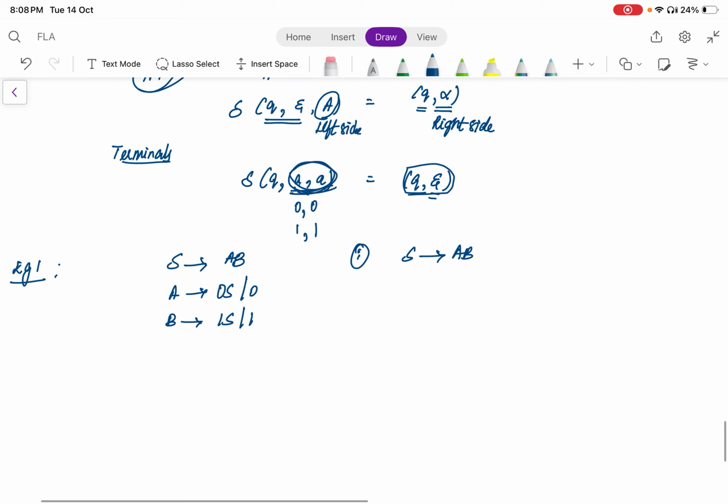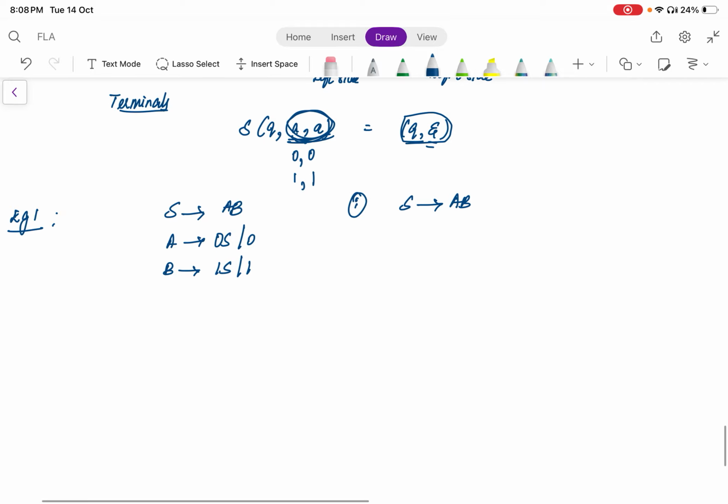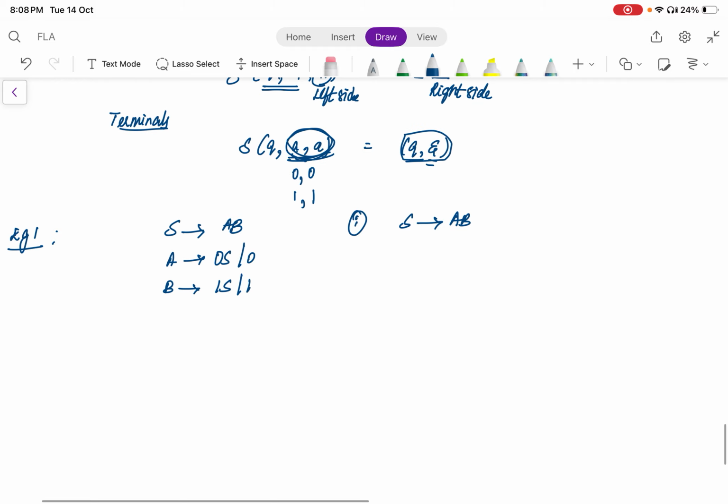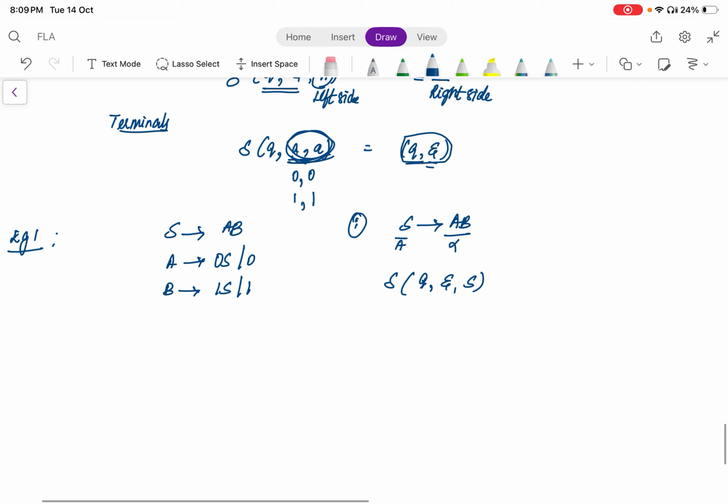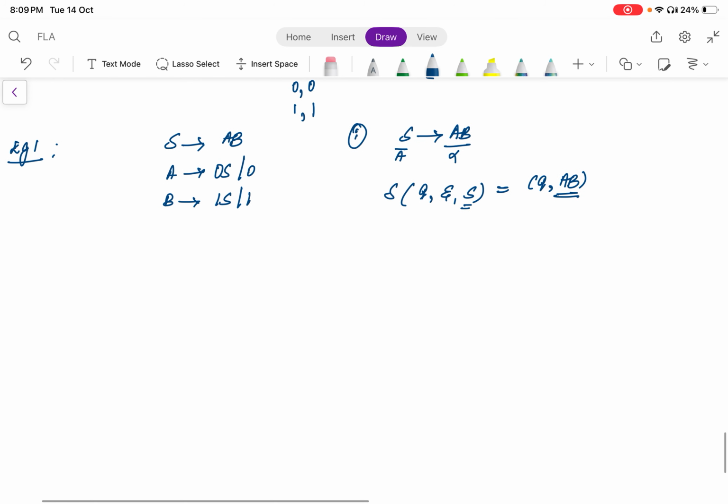All of them are non-terminals, right? So how will you convert that? This is your A, this is your alpha. So you will write delta of Q comma epsilon comma S, whatever is on the left side of your transition, equal to Q comma AB. This is whatever is on the right side of your transition.